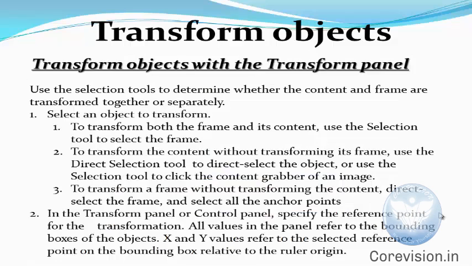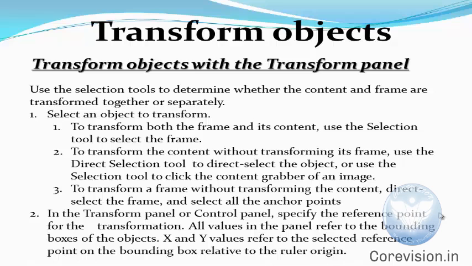Transform objects with the transform panel. Use the selection tool to determine whether the content and frame are transformed together or separately. First, select an object to transform. To transform both the frame and its content, use the selection tool to select the frame.